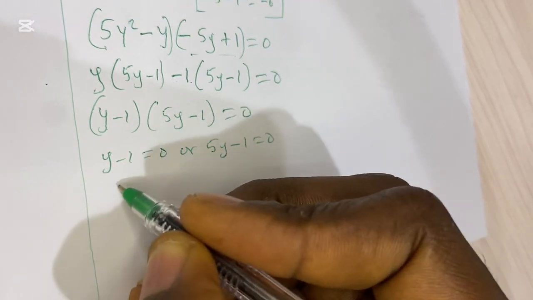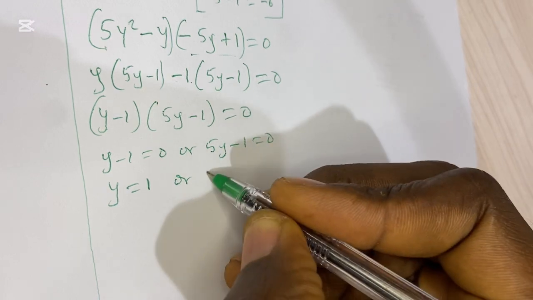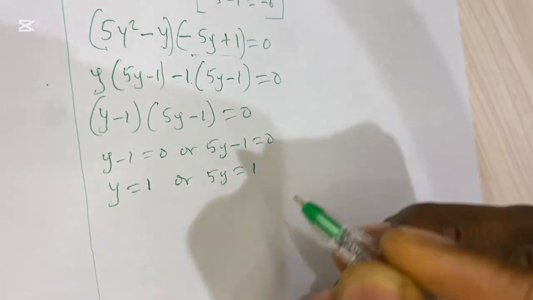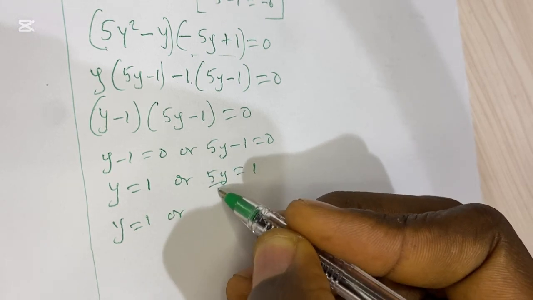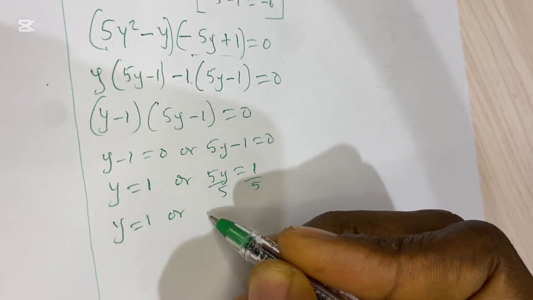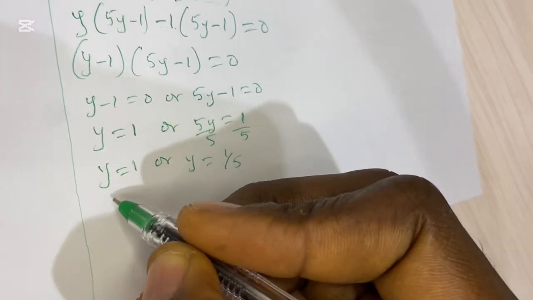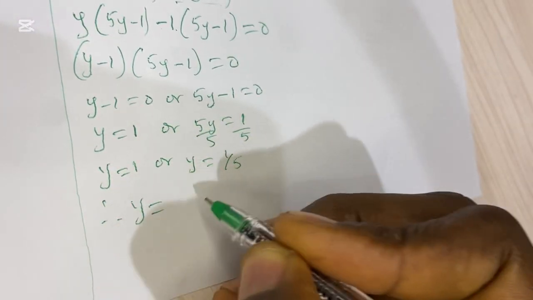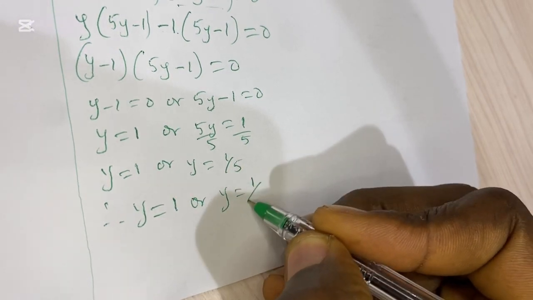When this crosses over, y equals 1, or 5y equals 1, and dividing by 5, y equals 1 over 5. Therefore y is equal to 1, or y is equal to 1 over 5.